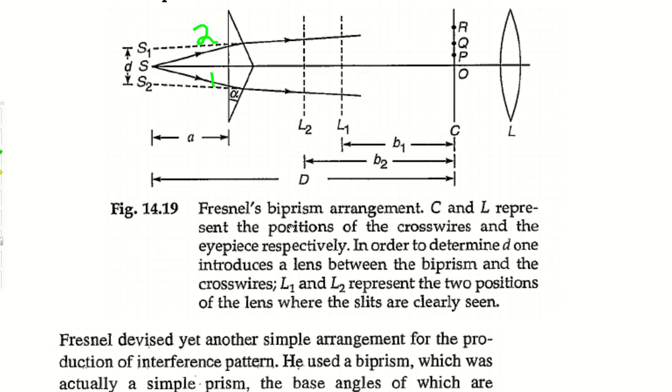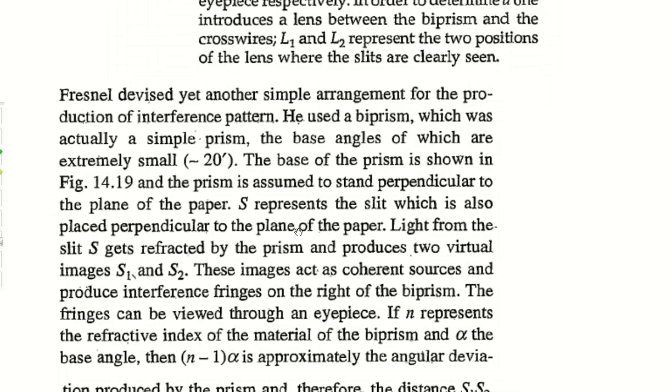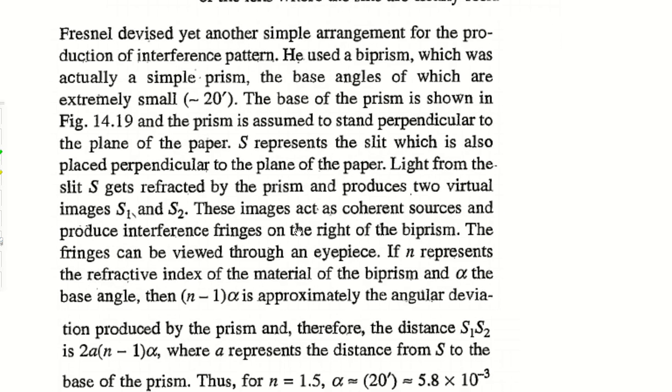Now let us calculate the fringe width and other quantities from this experiment. If n is the refractive index of the material of the Bi-Prism and alpha is the base angle, that is the angle of the prism, then (n minus 1) times alpha will be the angle of deviation.